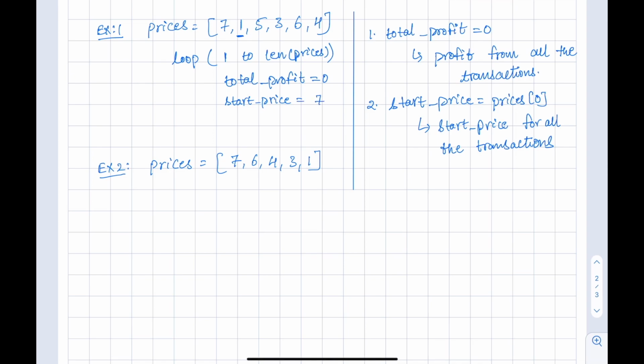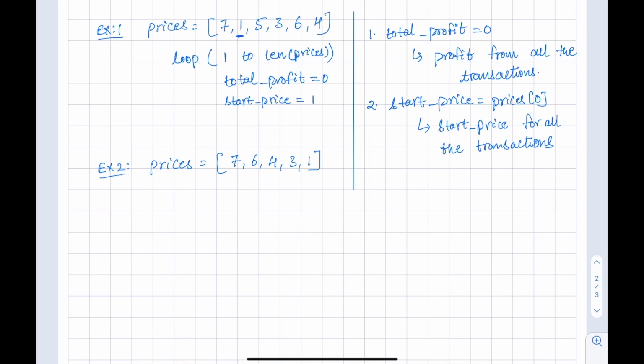On day 2, the price of the stock is 1. I'm going to change the start price alone because there is a decrease in the price of the stock. I cannot make this transaction because that will not result in any profit. So I'm going to just update my start price to 1.